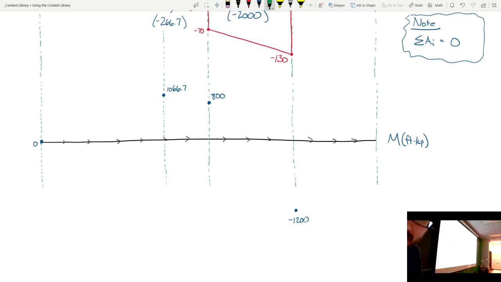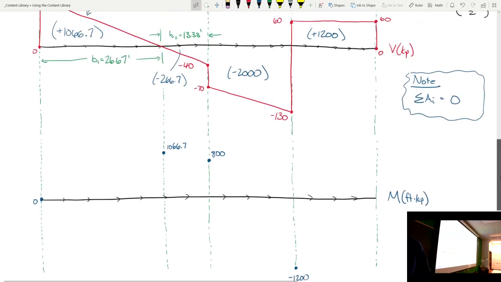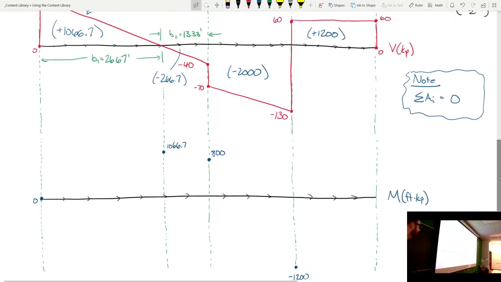So maybe I need to extend my guidelines a little bit. And so if I'm at negative 1200, and this tells me to go up 1200, I'm going to be back at 0. All right, so we at least know that part is correct.